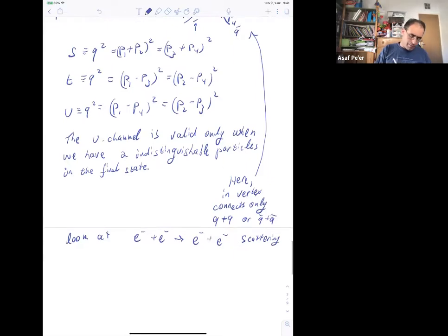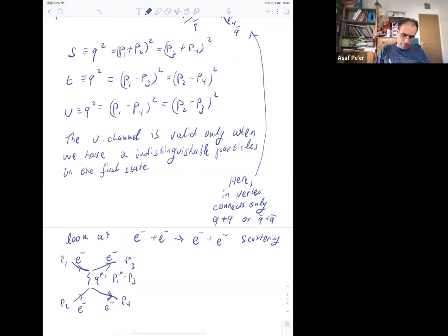So we have the T channel for that: P1, P2, P3, P4. Q mu is just P1 mu minus P3 mu. But since we cannot distinguish between the electrons, the upper and the lower outgoing ones, P3 and P4 can be reversed.